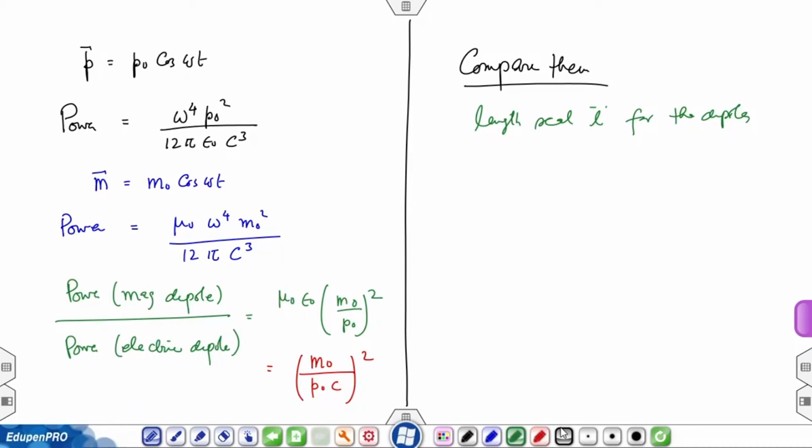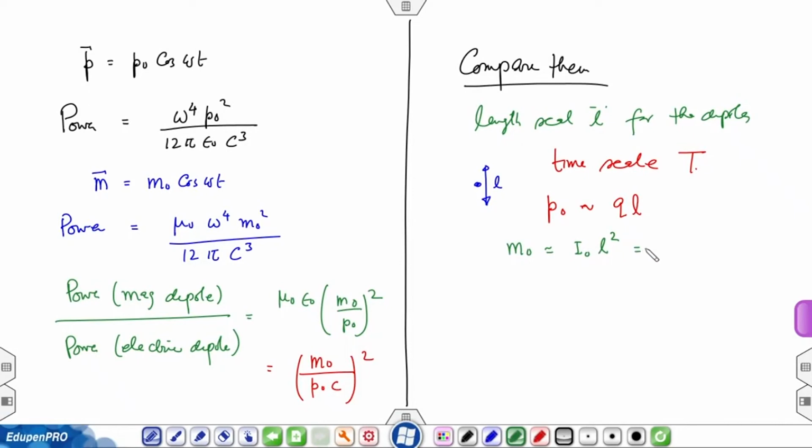What that means is, suppose I have this charge, it will be oscillating back and forth up to L. And let us have the time scale T. That means it will be oscillating back and forth in time T. Then p naught is going to be of the order of Q L if the charge is Q. On the other hand, m naught is I, the current, times L square.